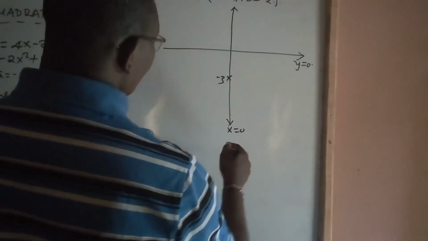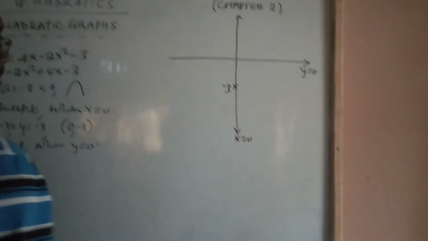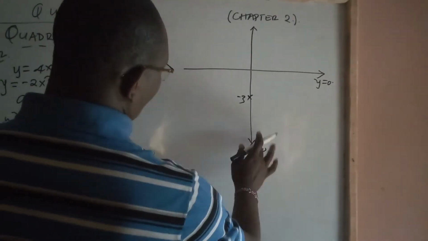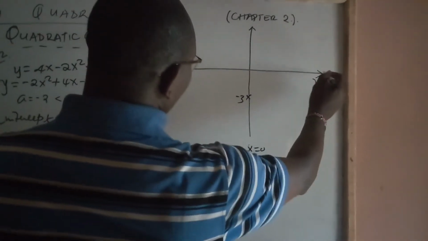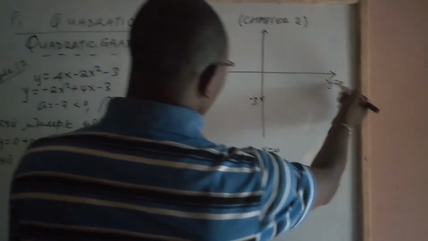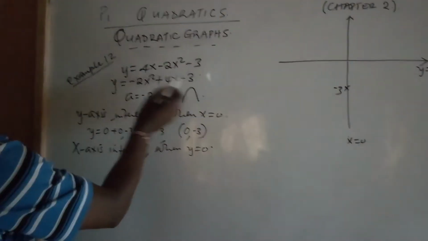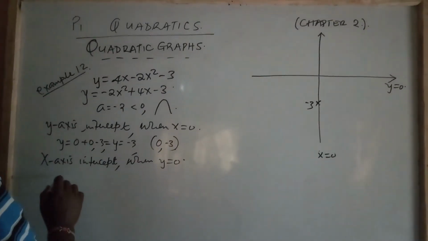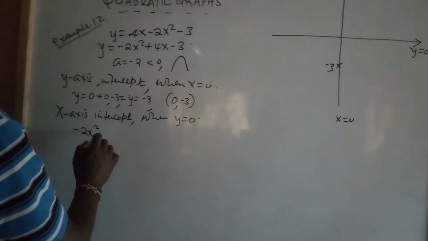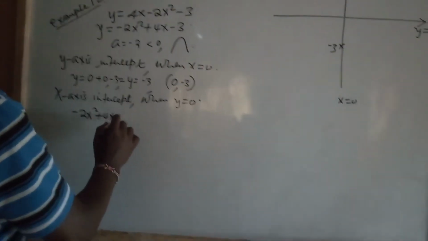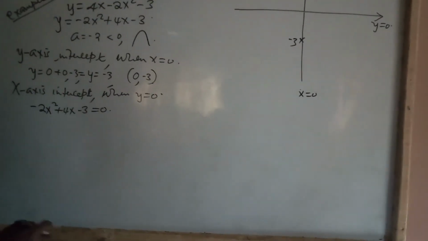It is the y-axis, yes, but the mathematical name of that axis is x equals 0. This is the x-axis, yes, but the mathematical name is y equals 0. So when y is equal to 0, we are looking at minus 2x squared plus 4x minus 3 equals 0.